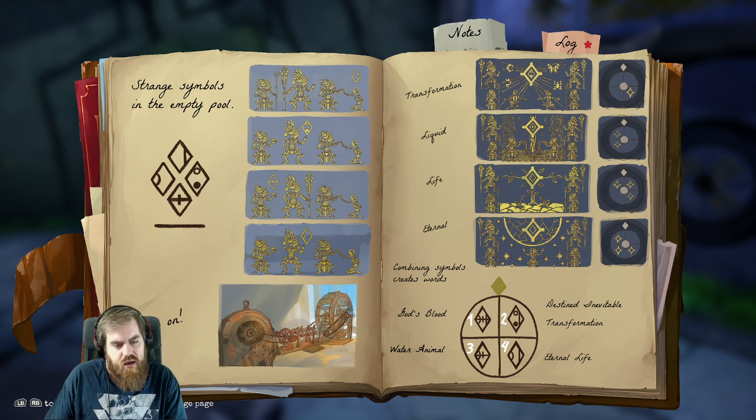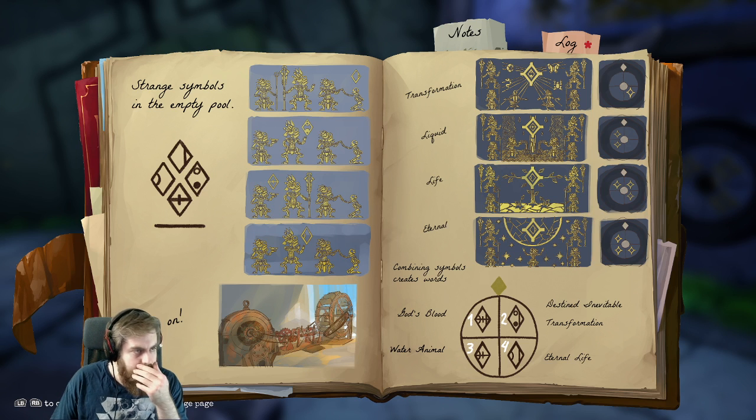So you're saying look at each one and see if the symbol positions are the same? What do you mean? What do you mean, Juicy?